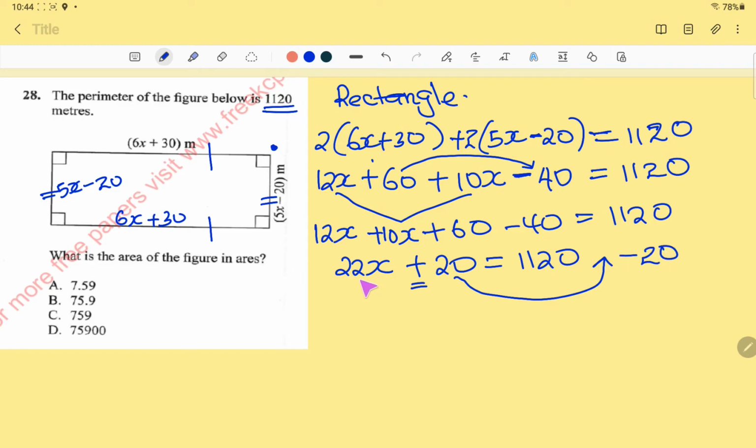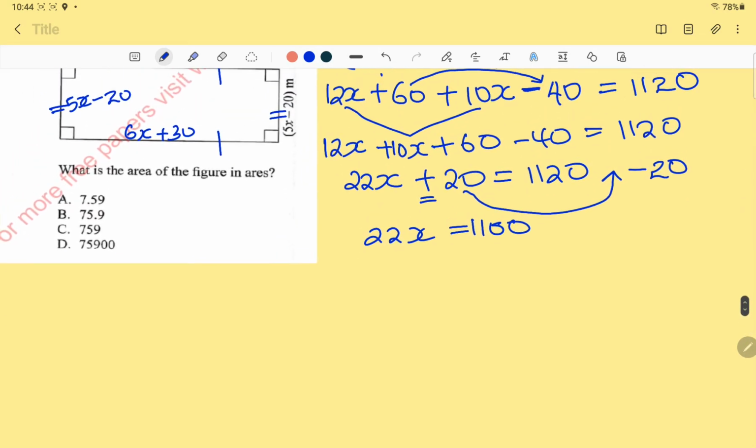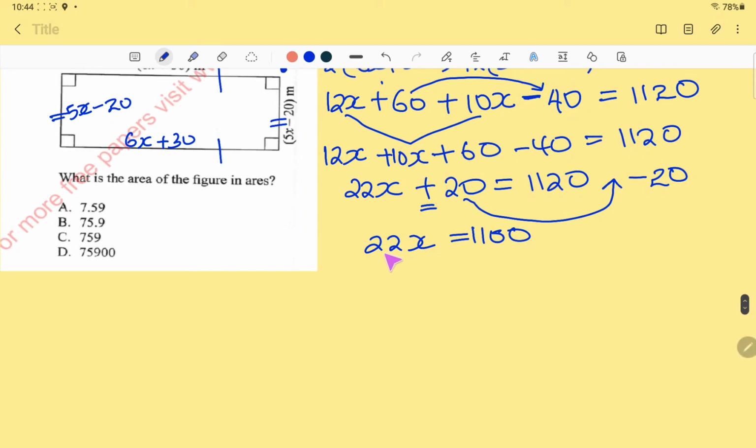So on this side, we are left with 22x is equal to 1120 minus 20, which is 1100.